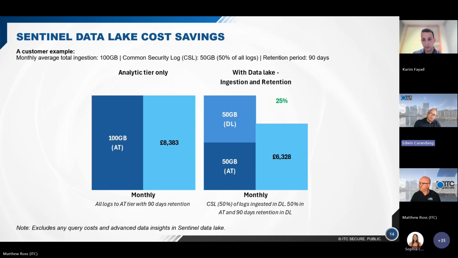And as mentioned before by Matt, things like the common security log is a good example where you can nominate, if you will, that type of log data to go straight into Sentinel Data Lake. And with that, you achieve your savings both at the ingestion level and then at the storage level. So just wanted to leave you an example before we end the webinar and hand it back to you, Matt.